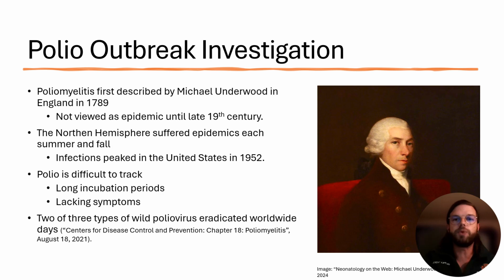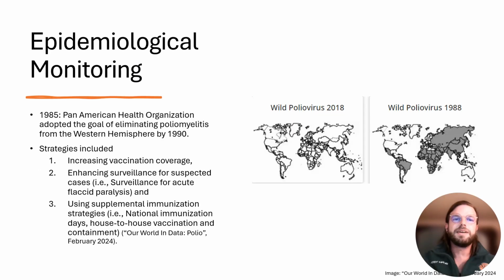Two of 3 types of wild poliovirus have been eradicated worldwide. In 1985, member countries of the Pan American Health Organization adopted the goal of eliminating poliomyelitis from the Western Hemisphere by 1990.